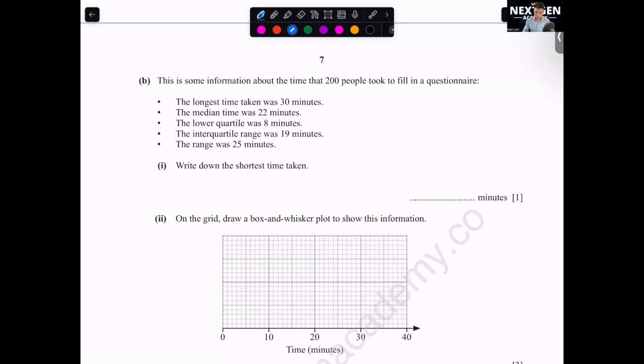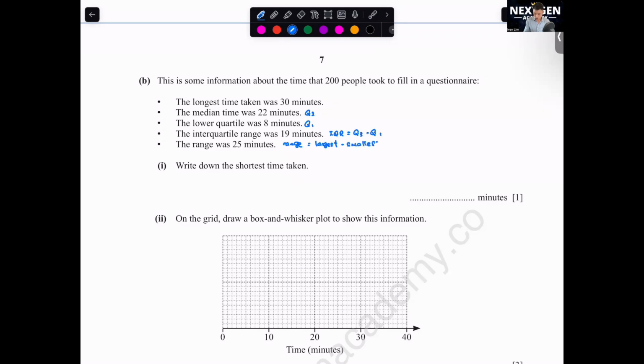Okay, so this one is your largest value. This is your median. Median means your middle one, Q2. Lower quartile means Q1. Interquartile range means Q3 minus Q1. Then this one is range. Range is the largest minus the smallest value.